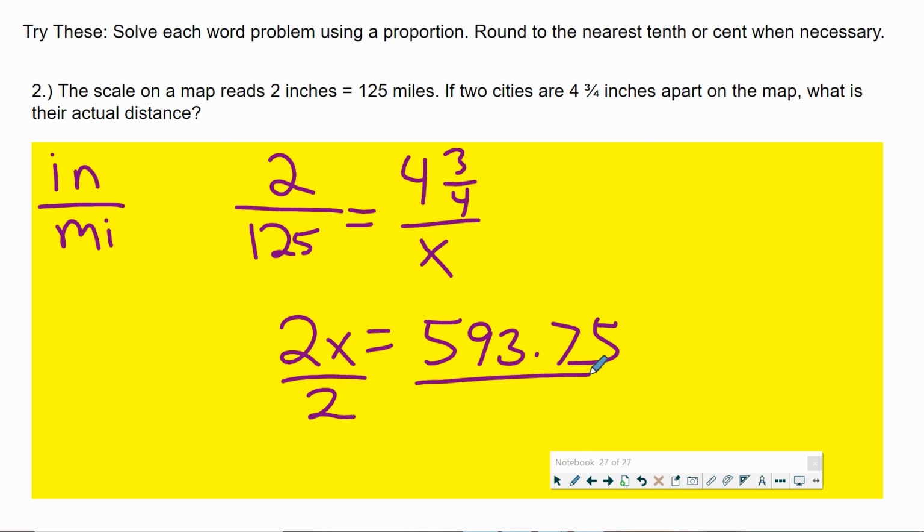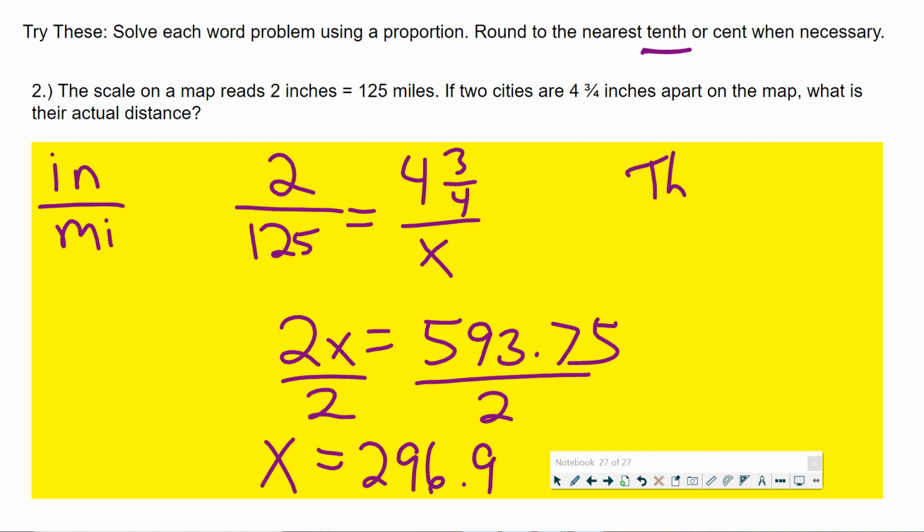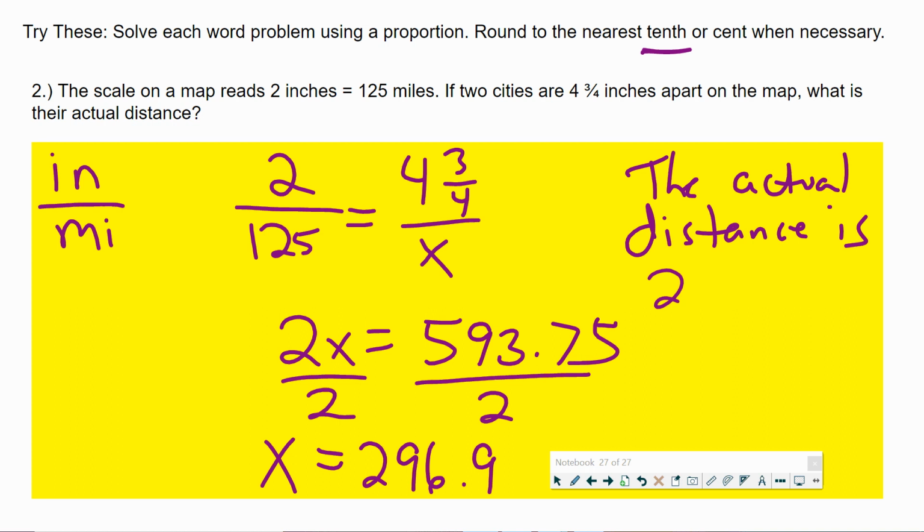Divide by 2. I get x equals 296.9 because I round to the nearest tenth. So what is the actual distance? The actual distance is 296.9 miles.